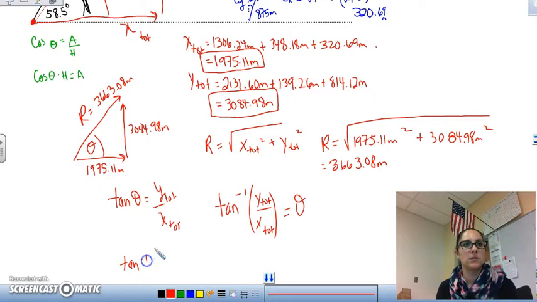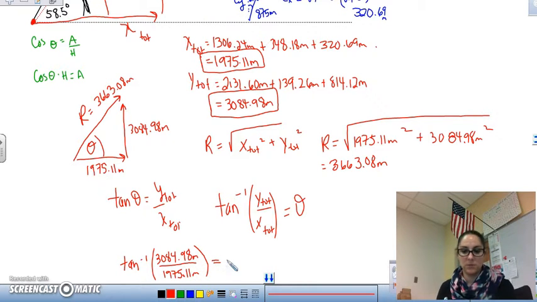So here we go. Tan inverse of the y. So you have to be careful. It has to be y over x. And then the x. So I'm going to do that.